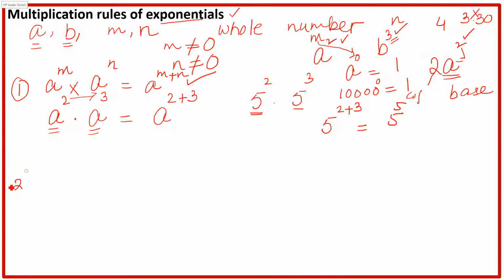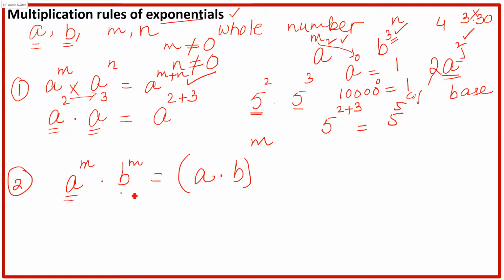Now come to the second rule. The second rule is A^M multiplied by B^M equals (A·B)^M. It means the bases are not the same, but the exponents are the same.